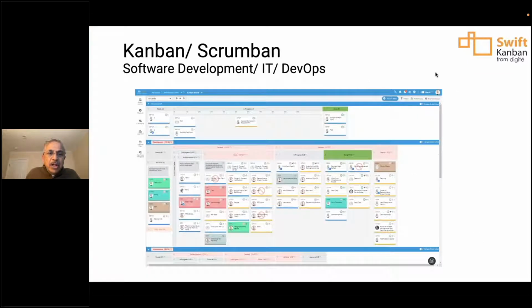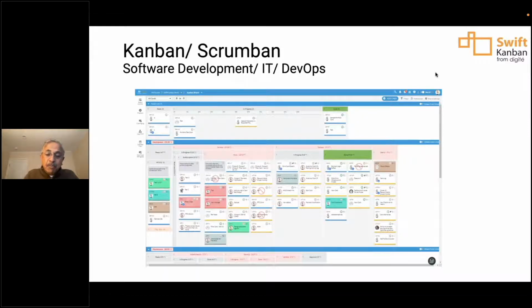Just a quick look at some of the use cases that Swift Kanban in particular goes through, and of course, he's going to cover the Agile program management piece. A large part of our user base tends to be IT and software, and whether you do Kanban or Scrum or Scrumban, whatever be the process that you follow, all of that can be very easily managed with Swift Kanban.